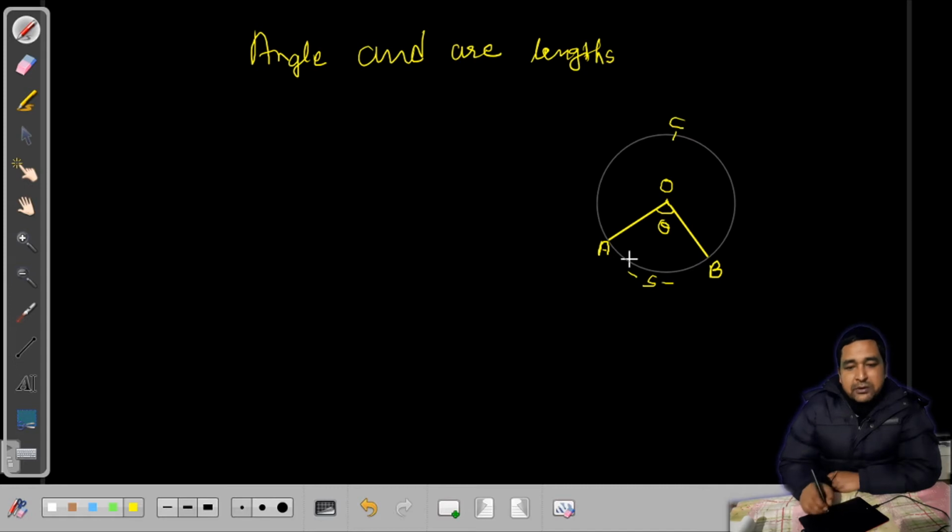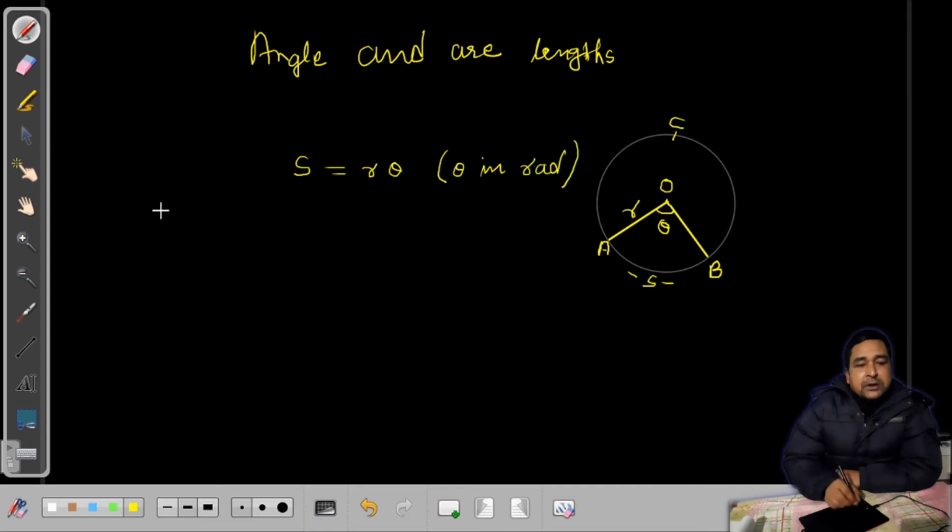Now there is a formula between these three: arc, angle and radius. Length of arc S is equal to the product of radius and theta, and theta should be in radian. If you are using theta in degree, there is another formula.